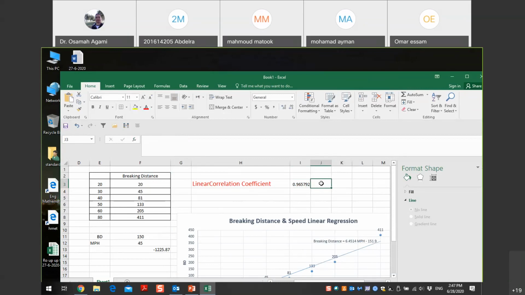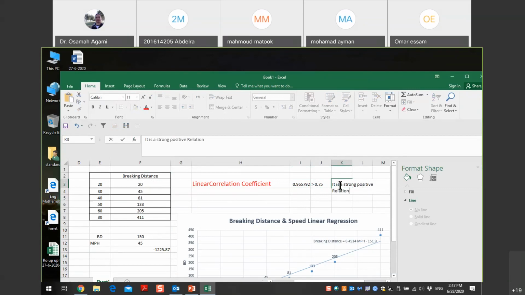Once it is greater than 0.75 to be on the safe side, some books write 0.7, so it is a strong positive relation.